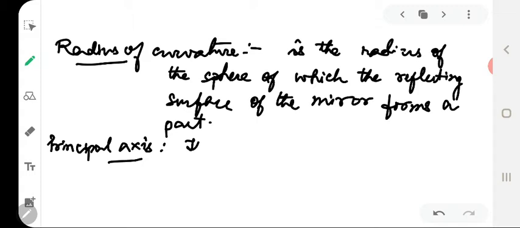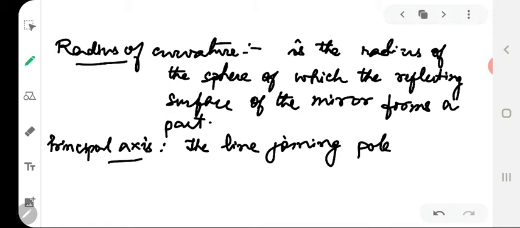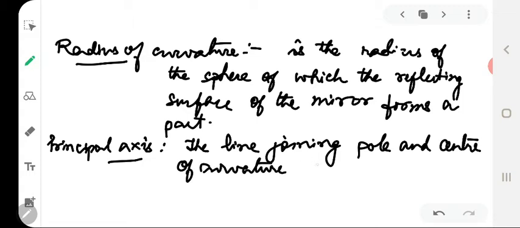So principal axis is the line joining pole and center of curvature of the mirror.